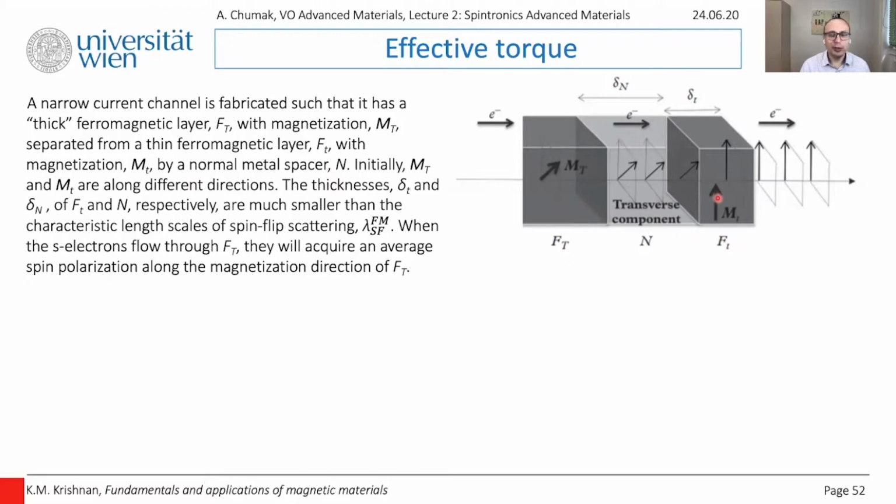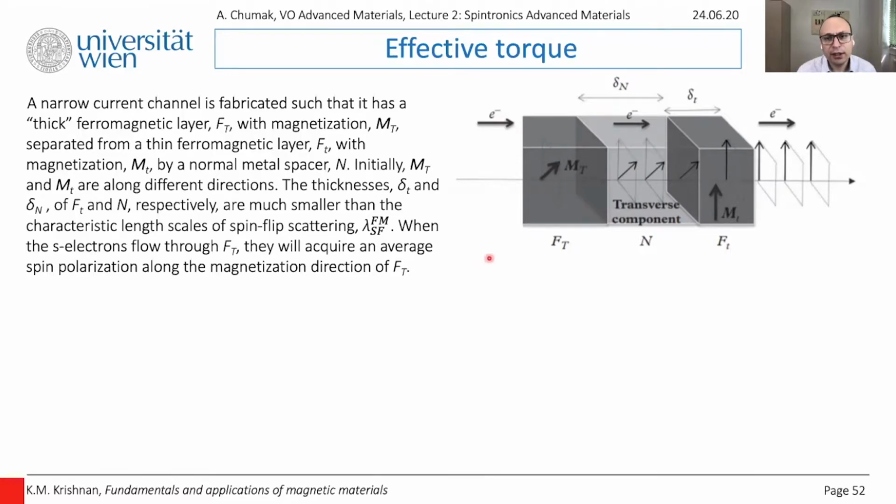It's usually named a free magnetic layer, in the sense that it's relatively easy to change its magnetization orientation in one or another direction. And that's exactly what we want to do with our spin transfer torque. Then on top we have to define thicknesses. So there is a delta N, the thickness of the spacer, the thickness of the thin material, and the thickness of the thick material.